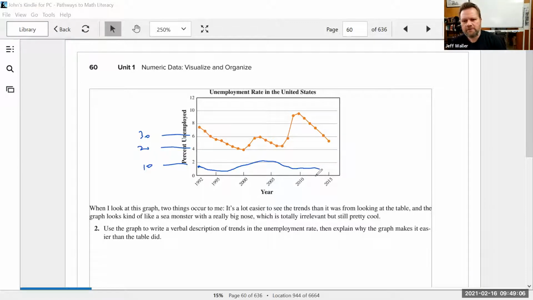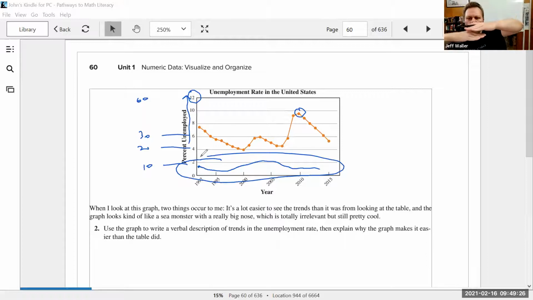So you don't want to make your scale go way past your highest point. A scale of up to 12 here makes sense because the highest one was almost 10. But if you go up to 40, 50, 60, that doesn't make any sense, because then your whole picture is going to be down here and it's going to be smushed. Are you with me? So in general, how do you pick your scale?